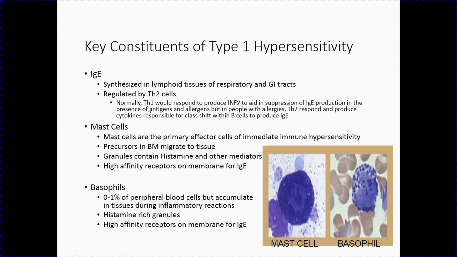And this is important because what T helper 1 cells do is they produce an interferon gamma that's going to suppress IgE production in the presence of this particular antigen.